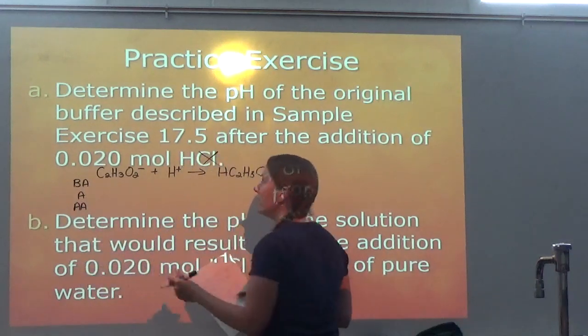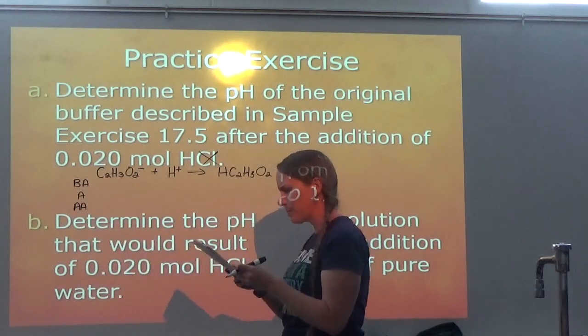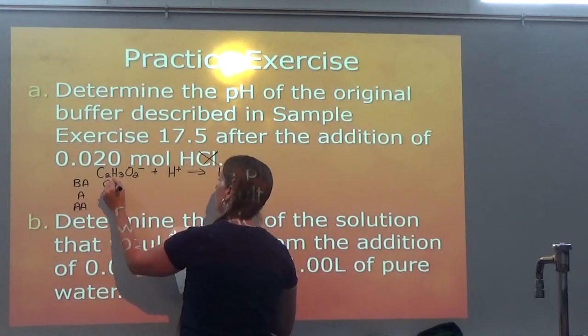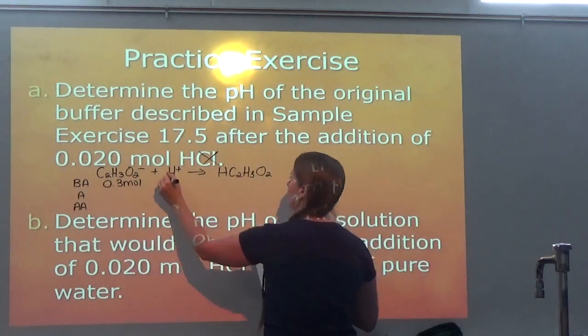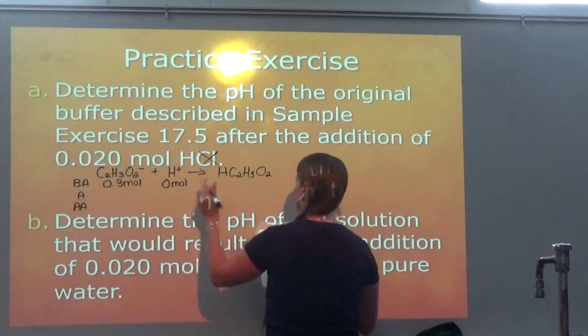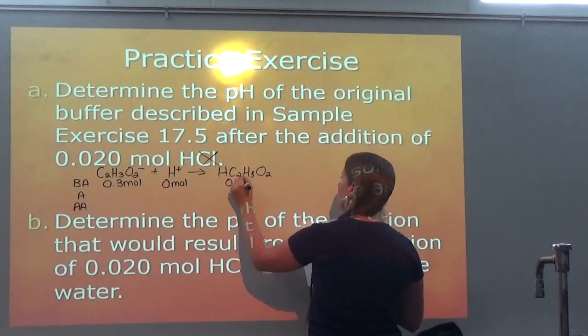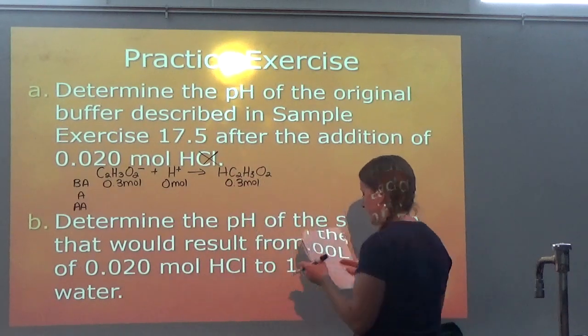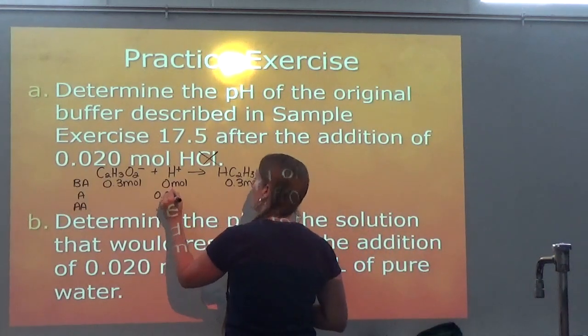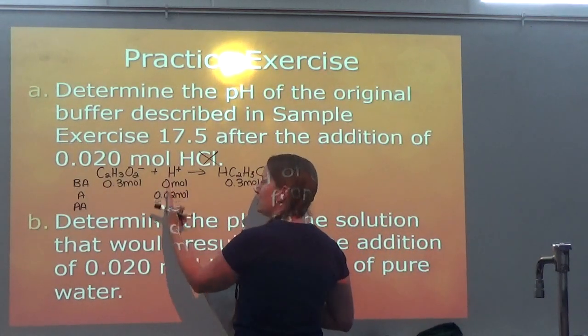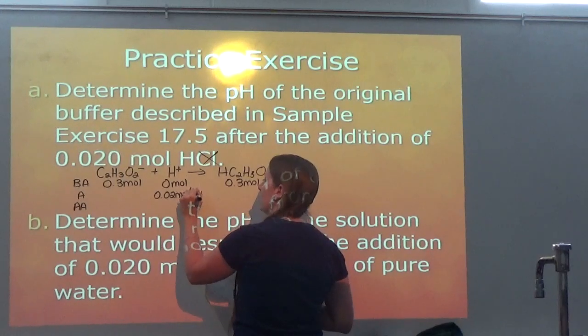It told me I started with 0.3 moles of this. It told me I didn't start with any H+, and it told me I started with 0.3 moles of this. So we are adding 0.02 moles of my H+, but see, that's going to be used up.